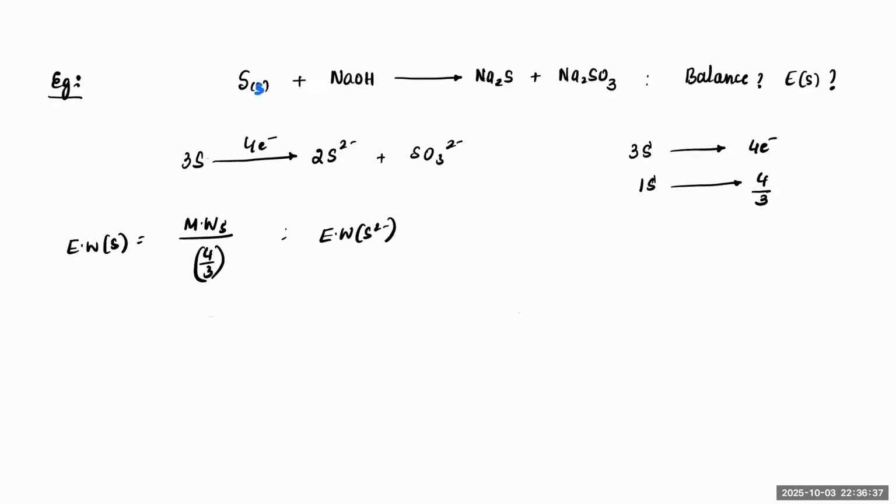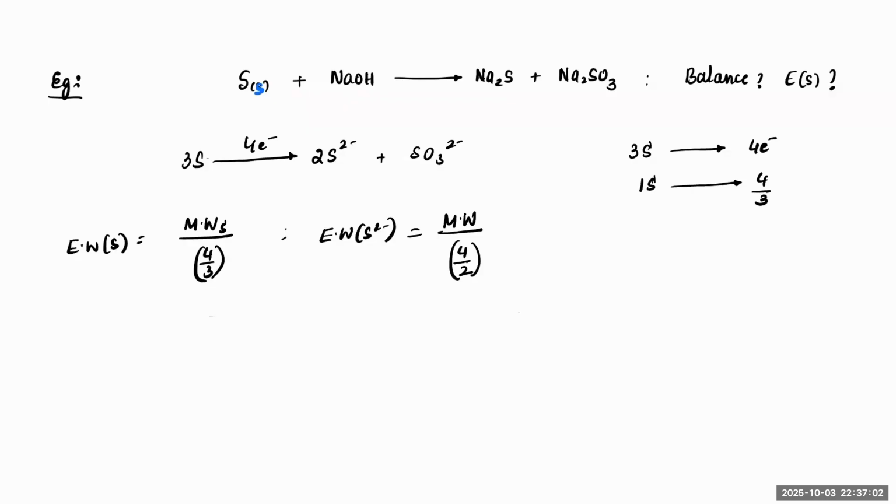In that case, you only check how many electrons are being transferred. See the shortcut here: molecular weight divided by the total number of electrons transferred, divided by the number of moles it has in the balanced equation.